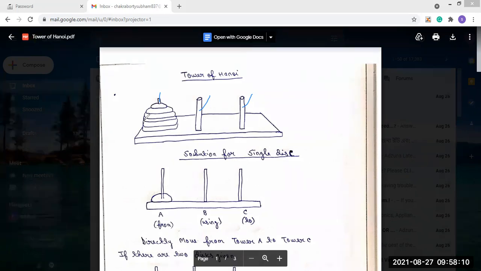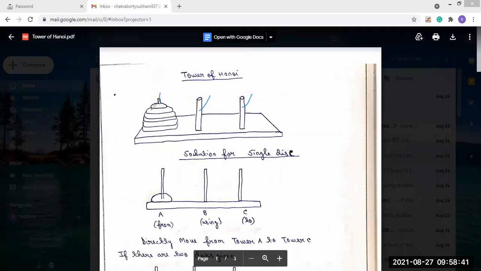The disks are arranged in decreasing order of size from bottom towards the top. That means the largest disk will be at the bottom, then the next size disk will be above that, and then the next, like this.